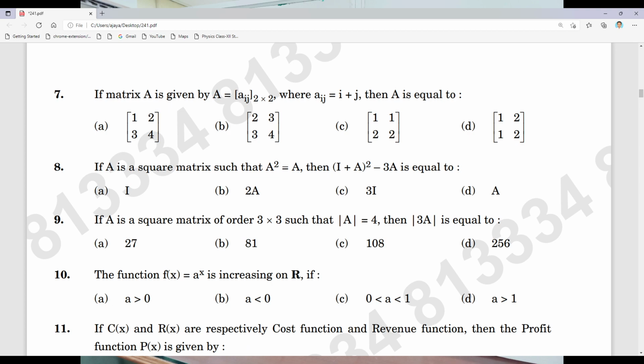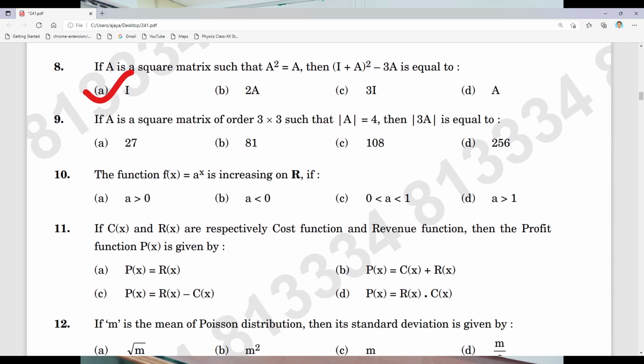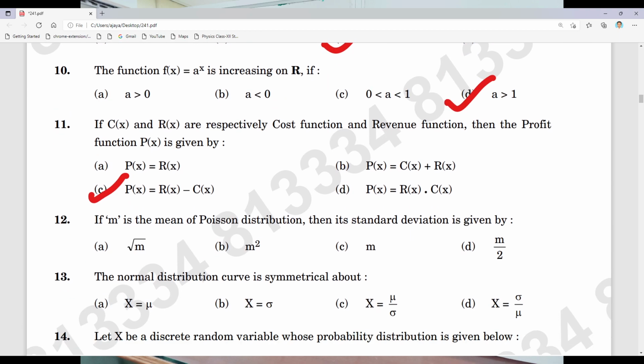Question number 7, B. Question number 8, A. Question number 9, C. Question number 10, D. Question number 11, C. So these are the answers.